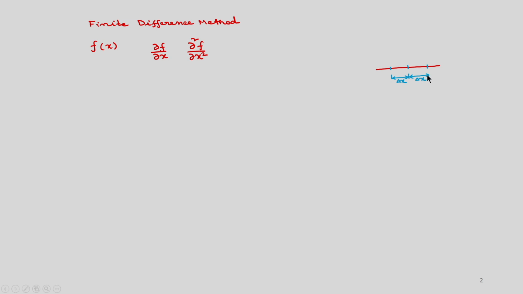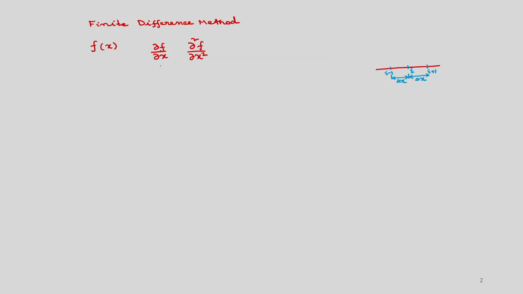The index of these discrete points is i, this is i plus 1 and this is i minus 1. As we are considering only one dimension we are using index i, but if it is two dimensional then we use index j in the y direction, and if it is three dimensional then index k in the third direction.